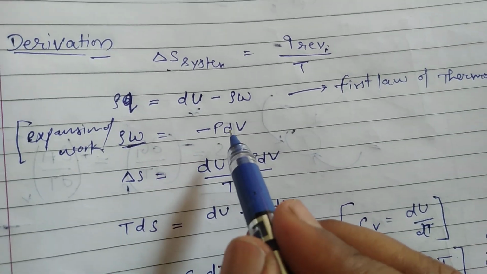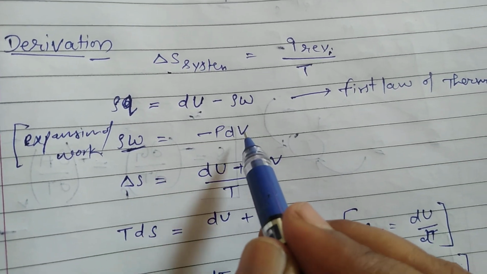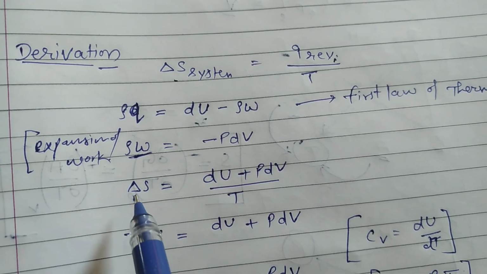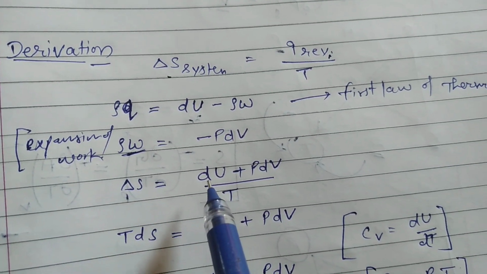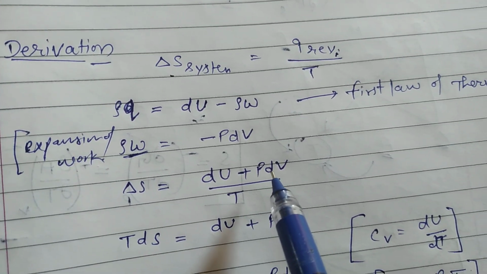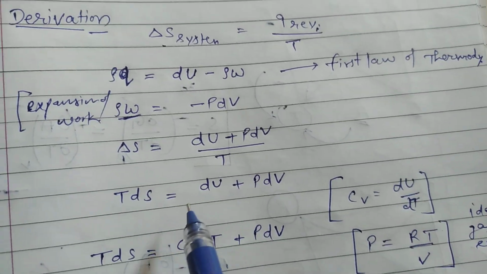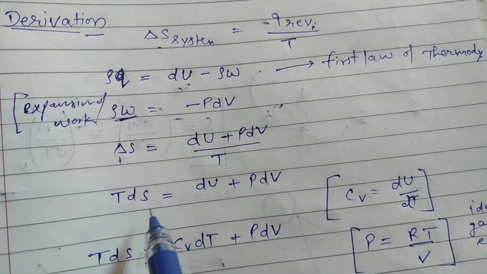When we put this value of W in the above equation, we get delta S is equal to delta U plus P delta V divided by absolute temperature, and by cross multiplying we will get this equation.